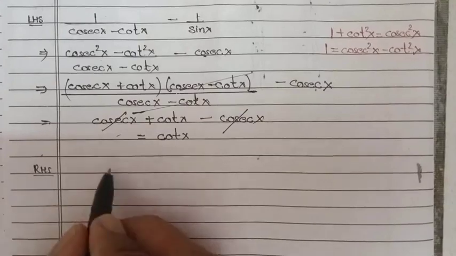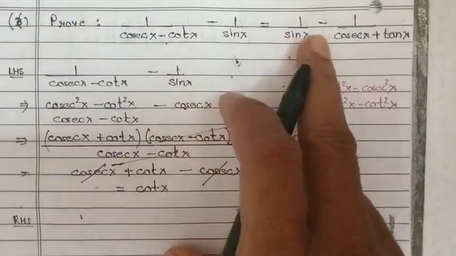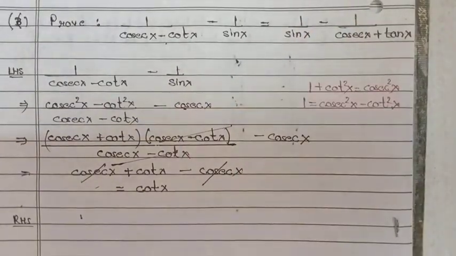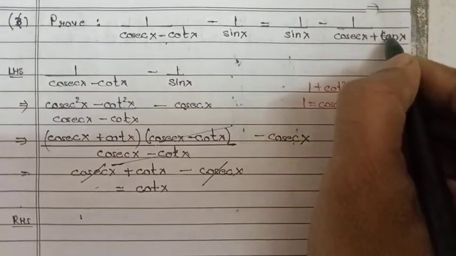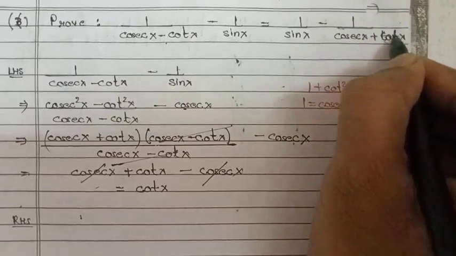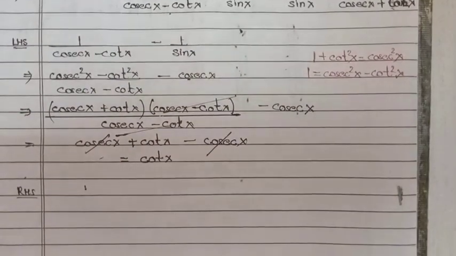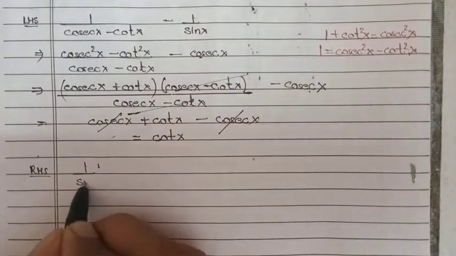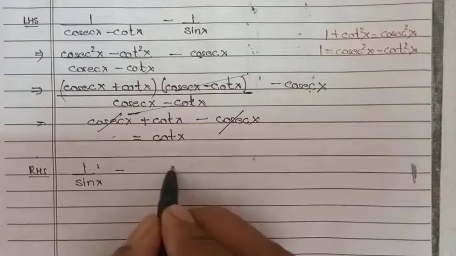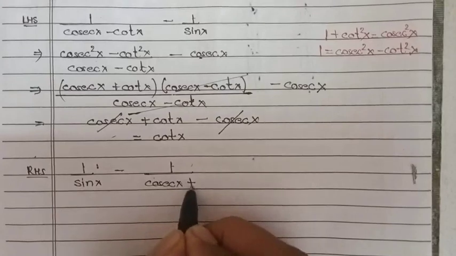The right hand side we have, see, right side is 1 upon sine minus 1 upon cosec plus cot.